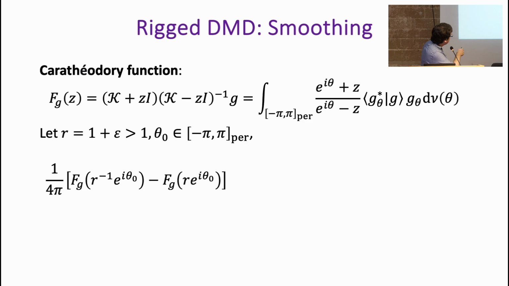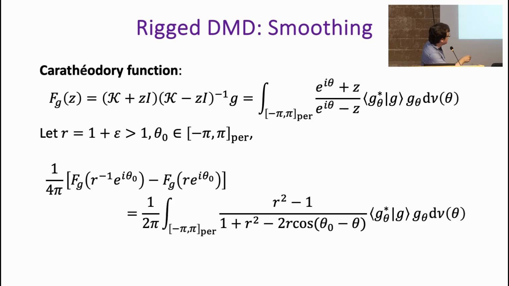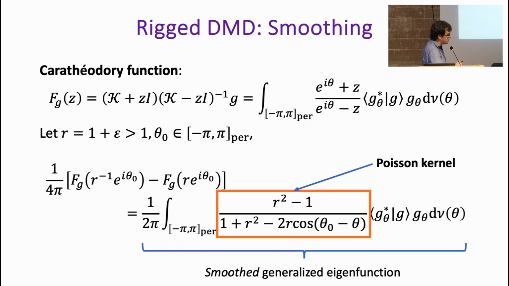What do I do? I pick an R greater than 1, so 1 plus epsilon, so just outside the disk, any theta naught, and I evaluate the Carathéodory function just inside the disk, subtract just outside. Lo and behold, we get a convolution of this expansion with a kernel. Turns out this is the Poisson kernel for the disk. Okay, so this is a smoothed generalized eigenfunction, and we can prove all sorts of convergence results as epsilon goes to 0.